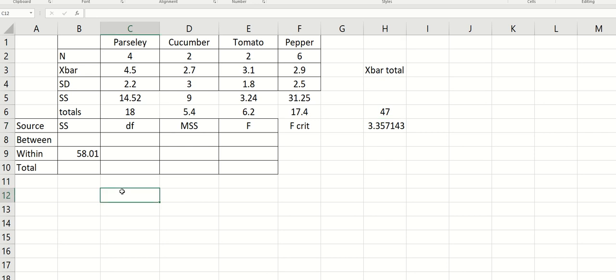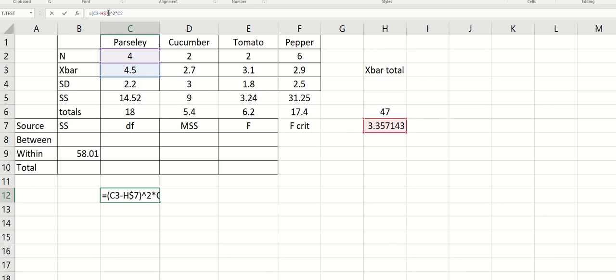I'm going to do it here. So I take the average of group A minus the average of the averages. I square that difference and I multiply by the number of observations. Okay, so this is how I did this part for parsley. But I need to fix the cell so it doesn't change, so I introduce the dollar sign after the letter and after the number.